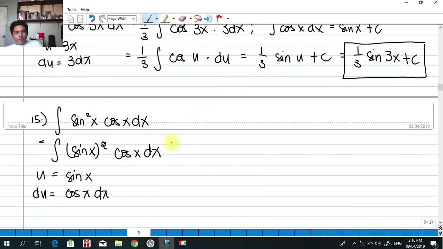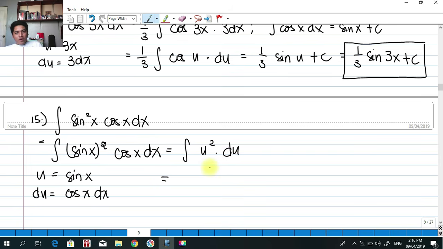So simply, we can use substitution again. The integral becomes the integral of u squared, and cosine x dx is du, so we substitute that as du.